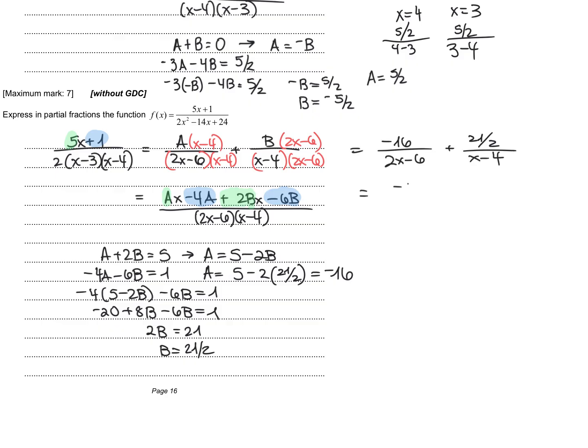So we could write this as negative 16 over 2 times x minus 3 plus 21 over 2x minus 4. Yeah, something like this. So negative 8 over x minus 3 plus 21 over 2x minus 4.